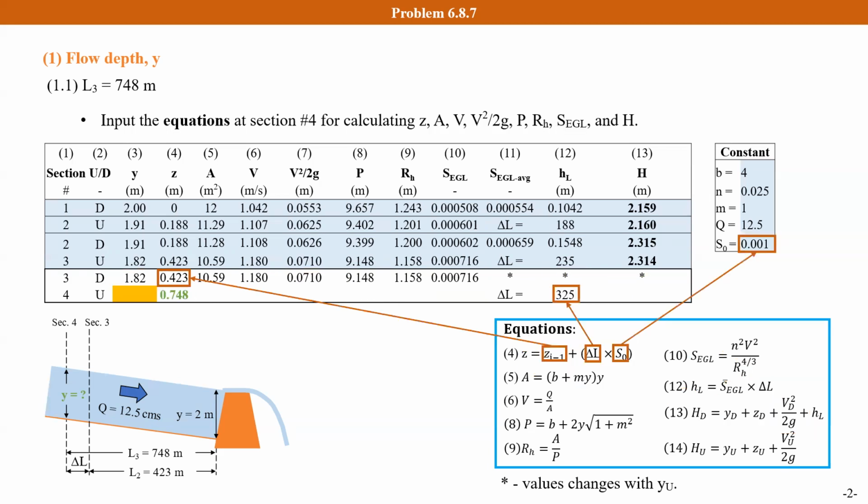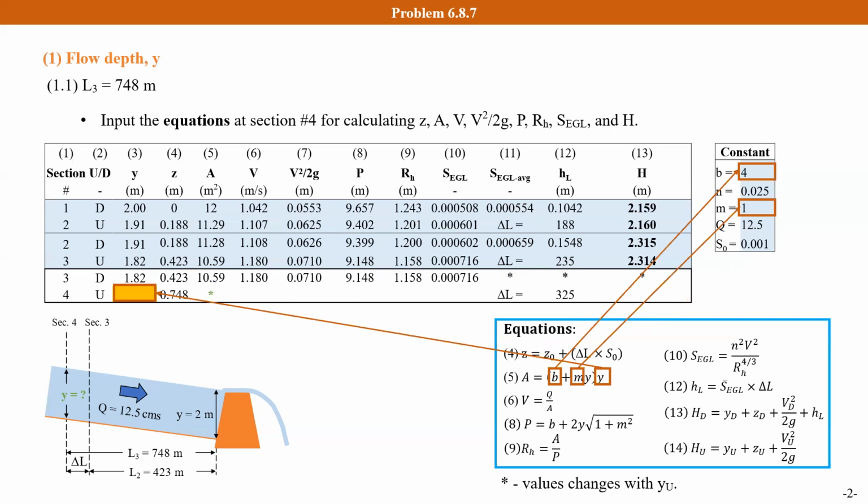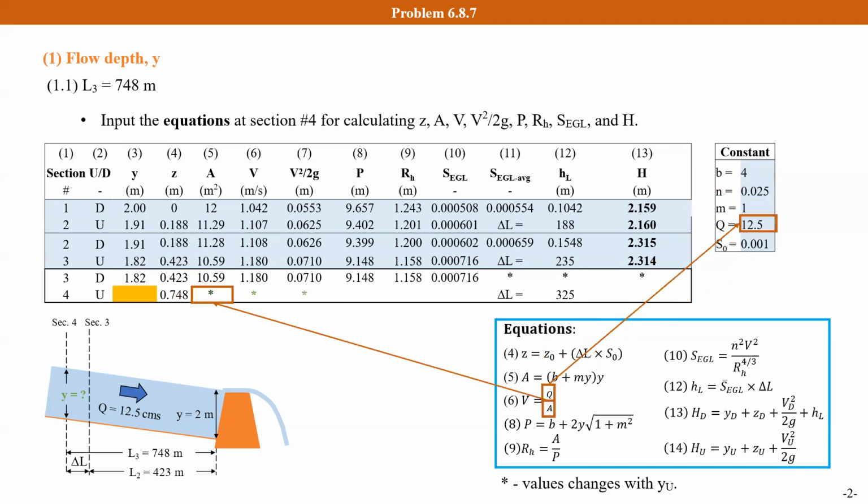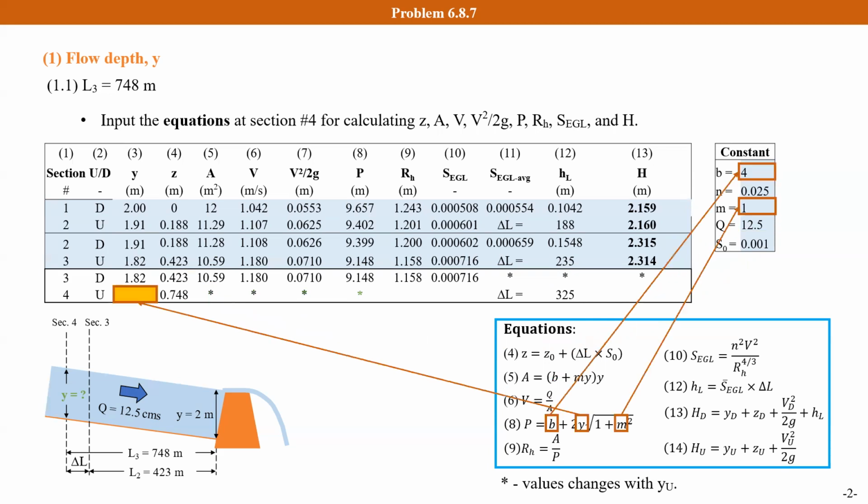After we do that, we can calculate the parameters at section 4. Based on equation 4, we can calculate the elevation. And based on equation 5, we can calculate the cross-sectional area. Based on equation 6, we can calculate the velocity and the velocity head.